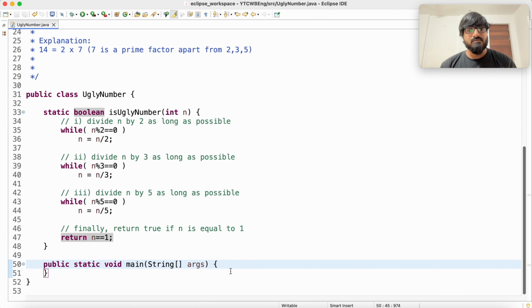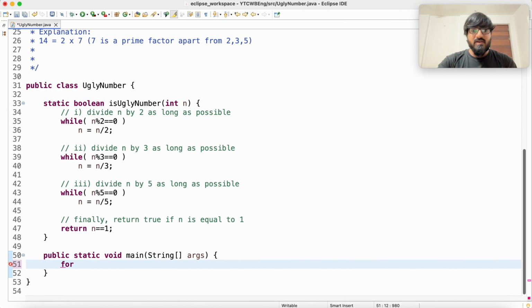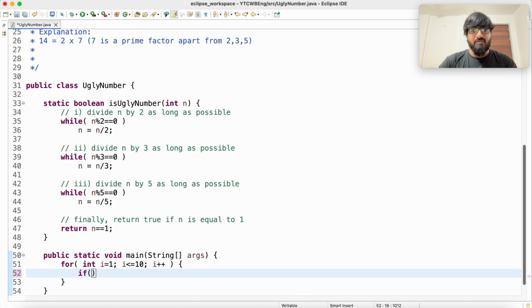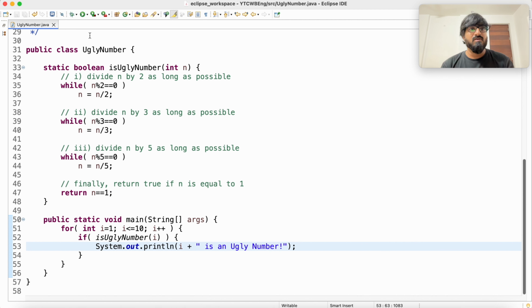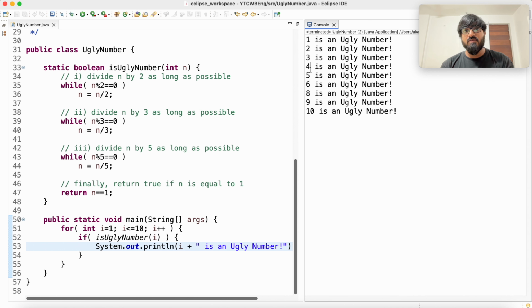All right, so now we can check for ugly numbers between 1 to 10. If isUglyNumber(i), print i plus "is an ugly number". Running this, we get 1, 2, 3, 4, 5, 6, 8, 9 and 10.